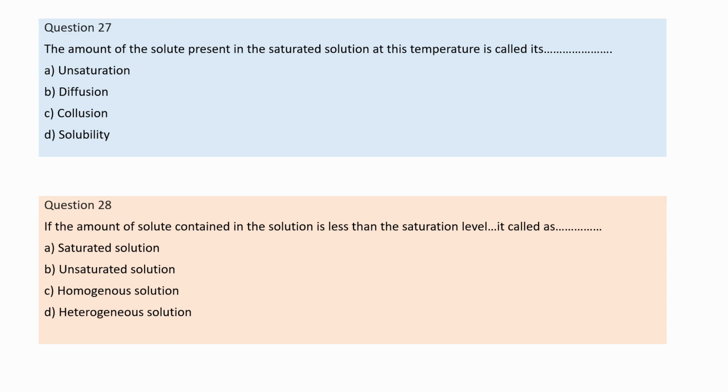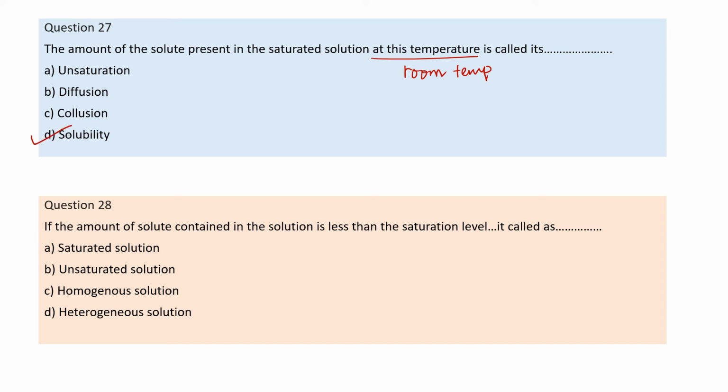Our next question is, the amount of solute present in the saturated solution at this temperature is called its, at this temperature means at room temperature. We have not raised the temperature. So at room temperature, whatever amount of solute you are dissolving into a solution is referred to as the solubility of the solution.